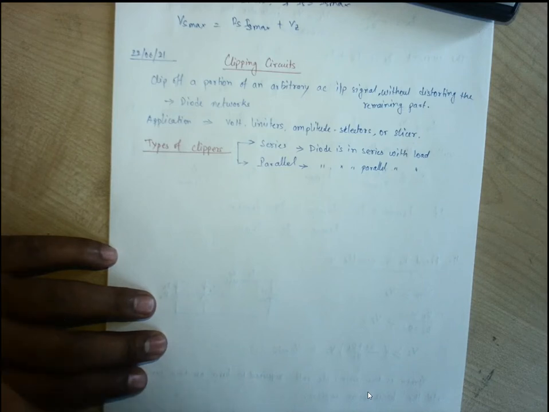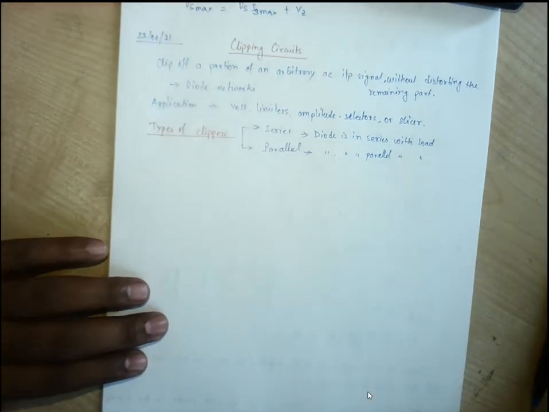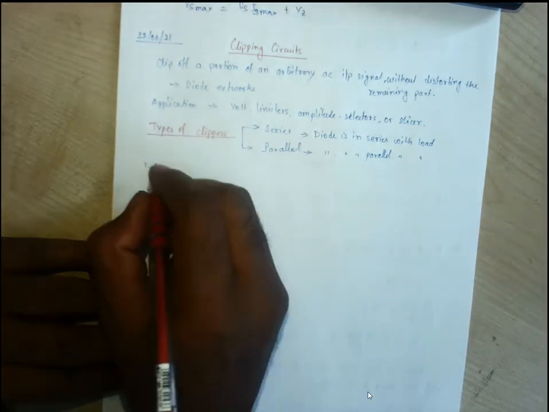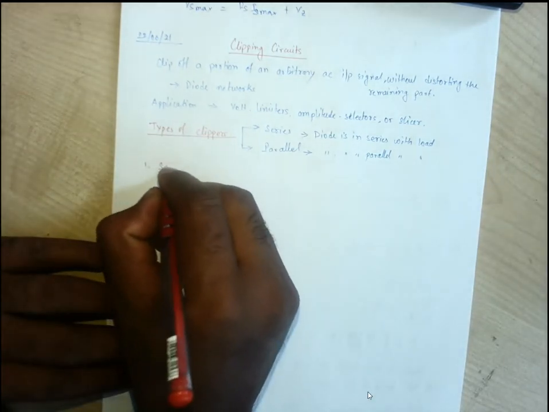In the same way, if we achieve the clipping of the positive half by connecting the diode in parallel, then we say parallel circuit for positive clipping. I am just going with any one of them. Let us go with series circuit for negative clipping.